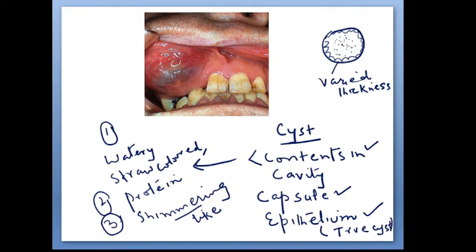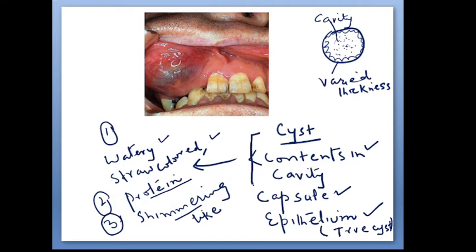Now, in case of radicular cyst, this cavity contains contents which are watery, straw colored, and it has got protein. This protein is usually eosinophilic. Then, sometimes a shimmer-like appearance is seen, which is due to cholesterol content.